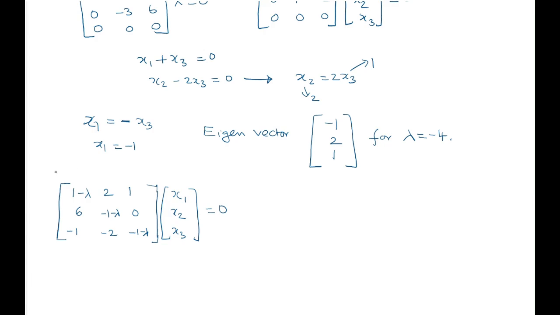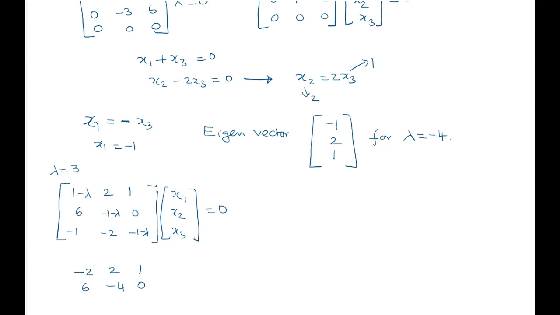Now finally let us continue our discussion to find out the eigenvector for lambda equal to 3. I suppose the third value is lambda equal to 3. So if I substitute lambda equal to 3, I will get minus 2, and then 2, 1, then 6, minus 1 and minus 3 becomes minus 4, and then 0.